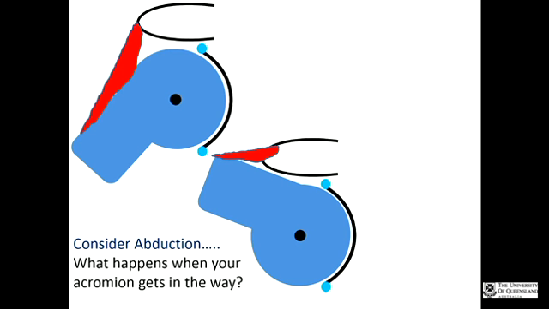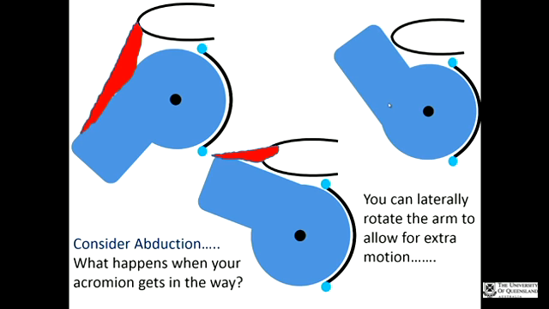But there's another way of doing it, and that is to externally rotate at the shoulder joint, and then you can lift the limb right up because of the shape, let's call it an L shape of the joint here. If you rotate it through 180 degrees, this part of the bone is replaced by effectively a bit more space, which gives you the ability to lift the limb much higher.